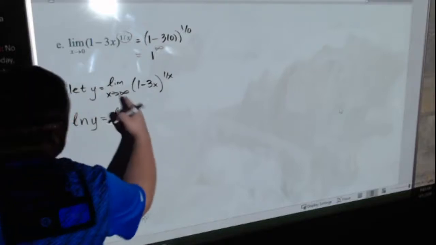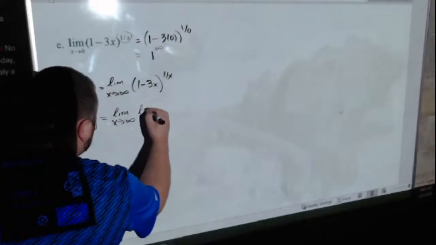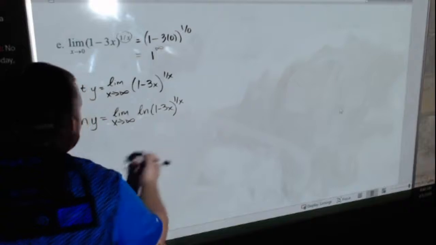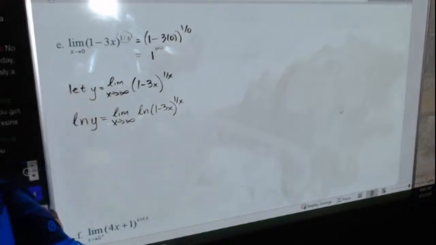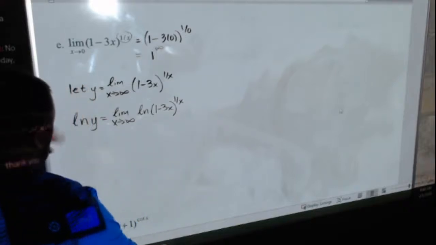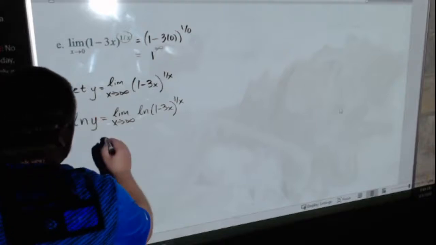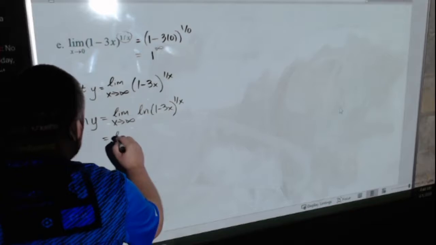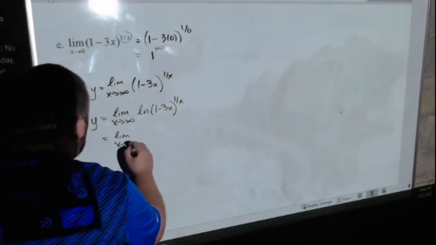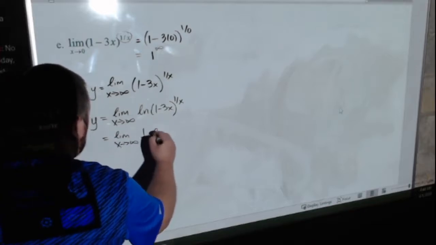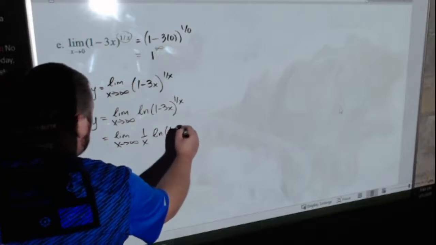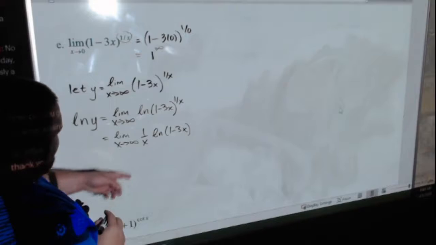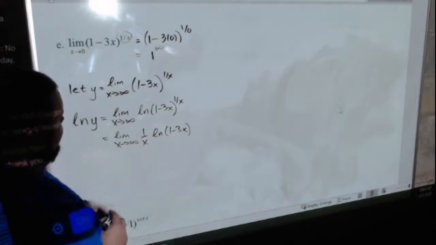So I can actually take the log inside here. That allows me to bring this 1 over x down. So instead of writing 1 over x, I could write natural log divided by x.